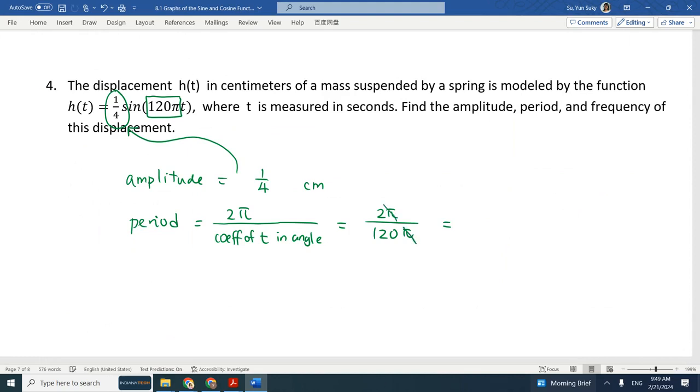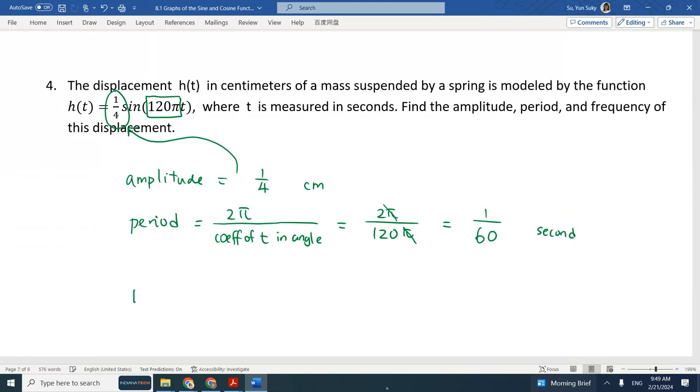The pi cancel. And the 2 and 120 cancel, what's left? 60. Yes, 1/60 is our period. Okay, that's the period. And by the way, for period, the unit is second.